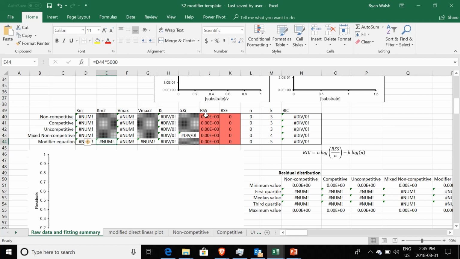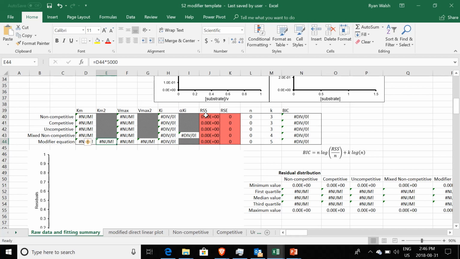Sum of squared residuals are used to determine how good your fit is between your equation and your experimental data. But once I put some more actual data in here, maybe it'll be more apparent as to what's going on.